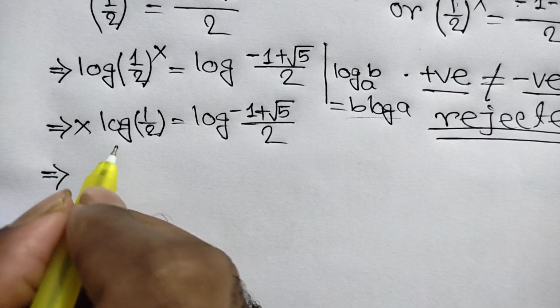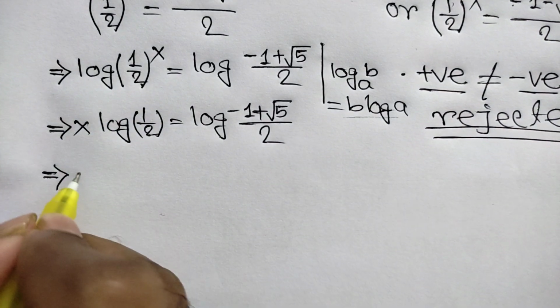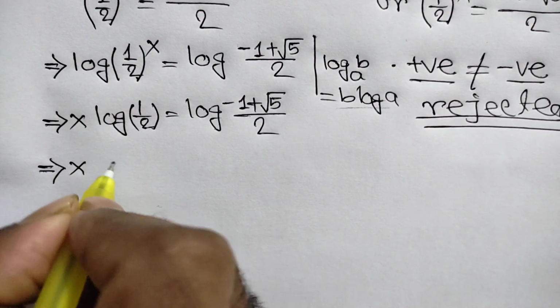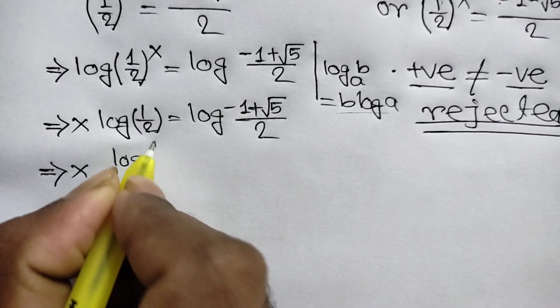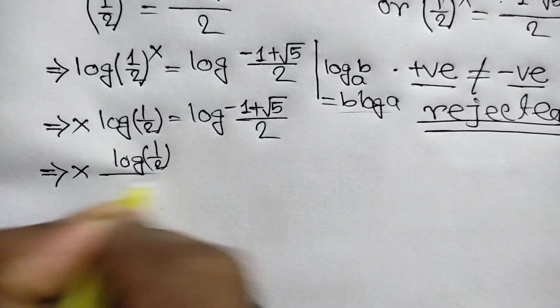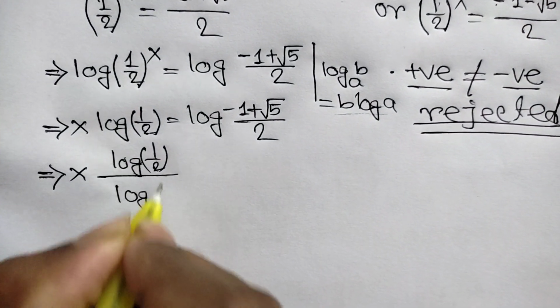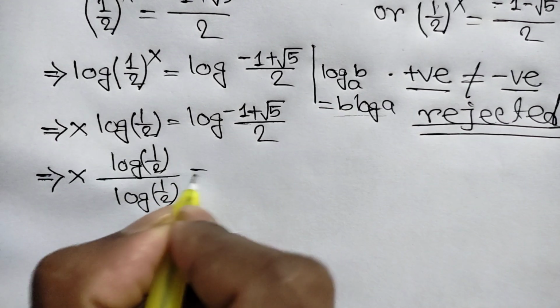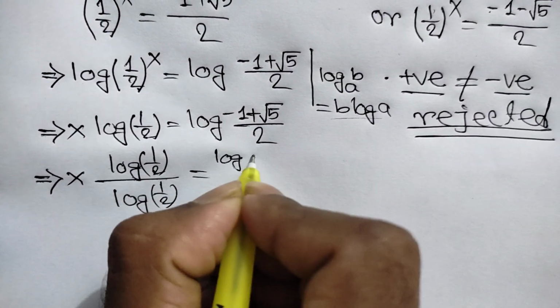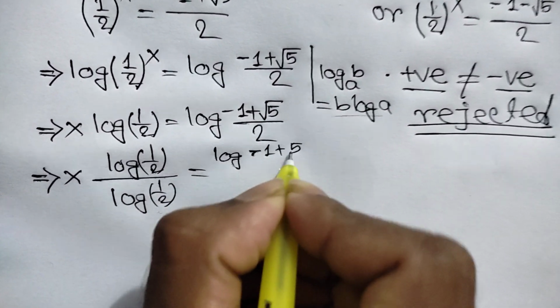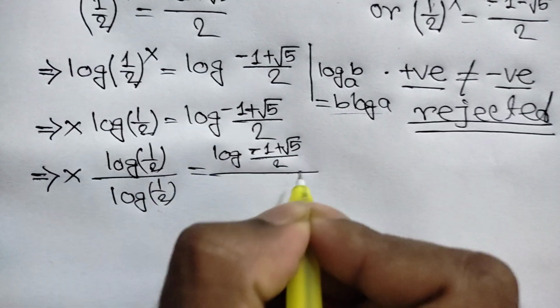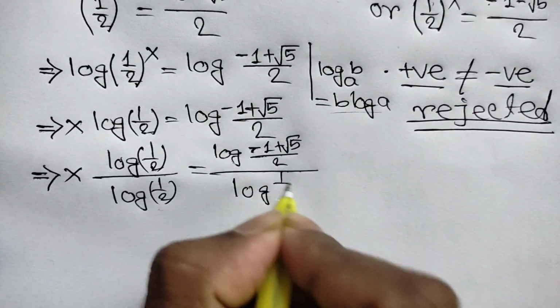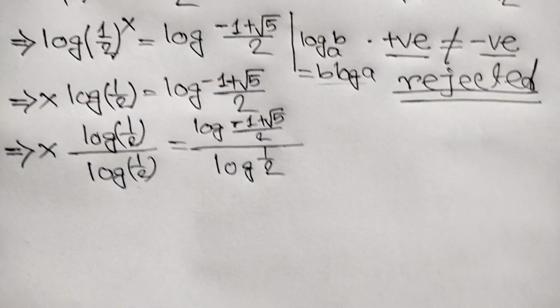Dividing both sides by log 1 over 2, we can write x log 1 over 2 over log 1 over 2 is equal to log of negative 1 plus square root of 5 over 2 over log 1 over 2.